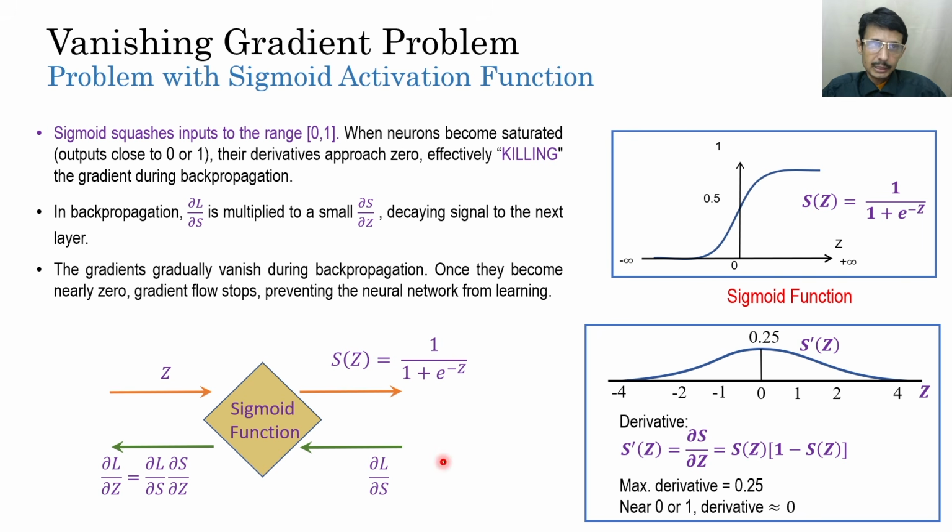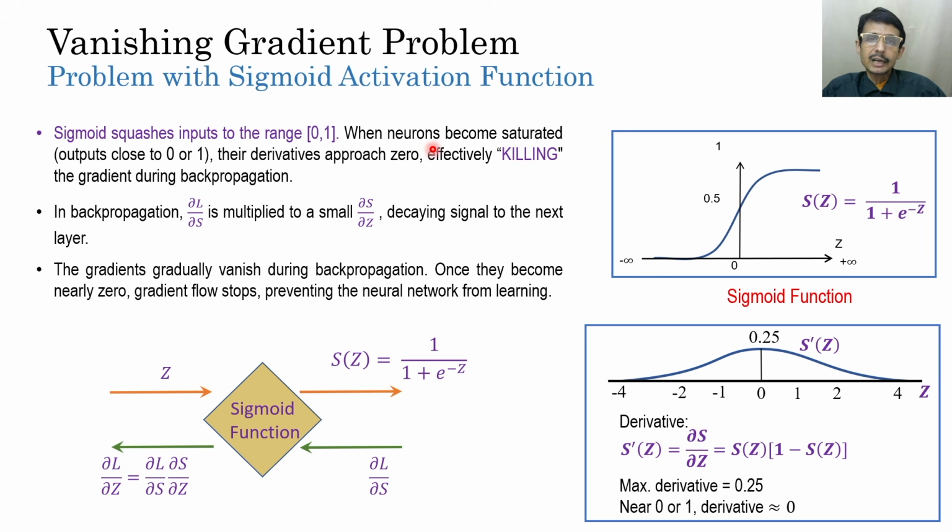Sigmoid squashes the inputs to the range 0 to 1, which is why it is called the logistic function, and it is basically used for classification tasks.